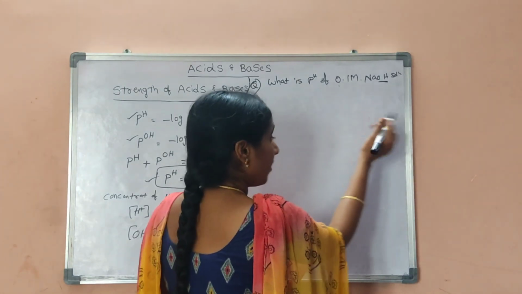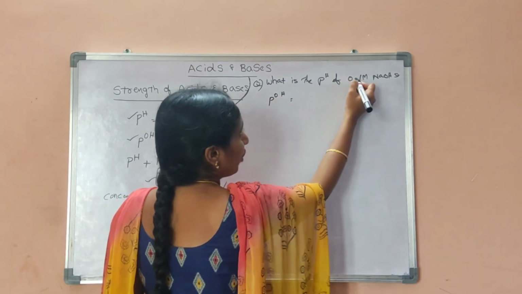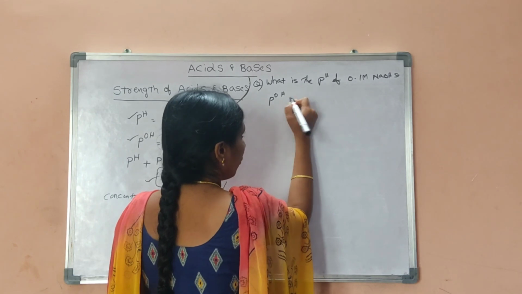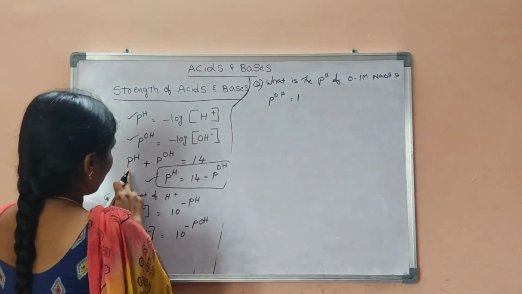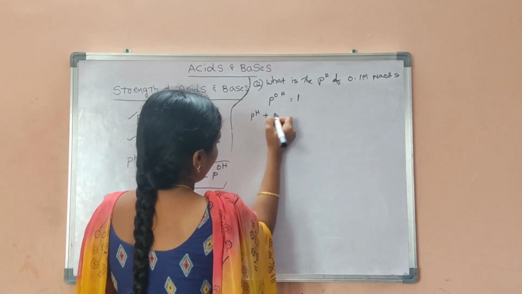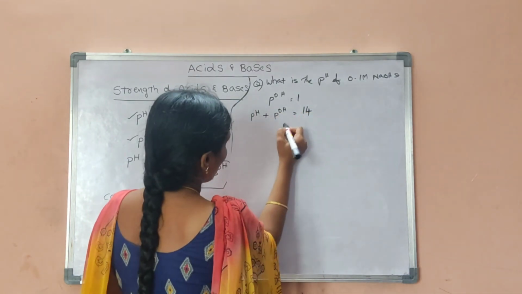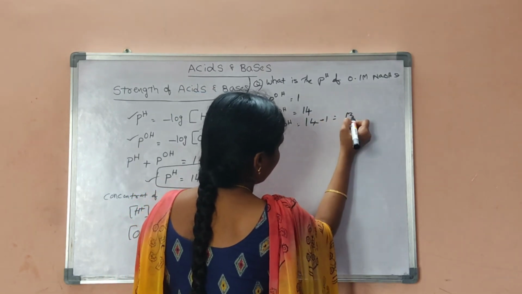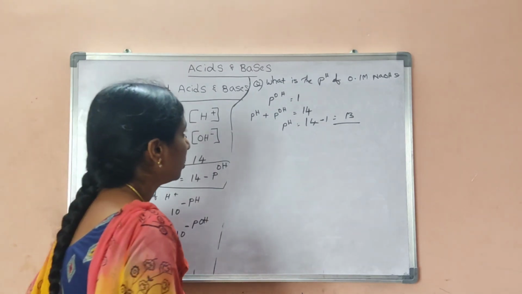NaOH is the base. pOH equals, after the point, how many digits are there? 1 digit. So, pOH equals 1. What is the relationship between pH and pOH? pH plus pOH equals 14. So, pH equals 14 minus 1 equals 13. pH is 13. Okay?